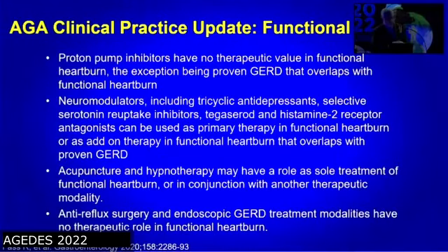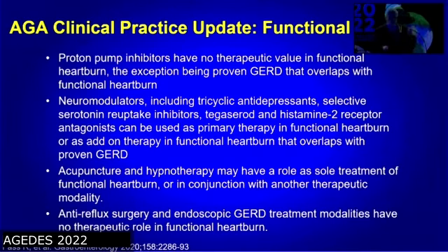These are the AGA clinical practice update that I wrote for functional heartburn. That was published a couple of years ago in Gastro. PPIs have no therapeutic value in functional heartburn, the exception being proven GERD that overlaps with functional heartburn.